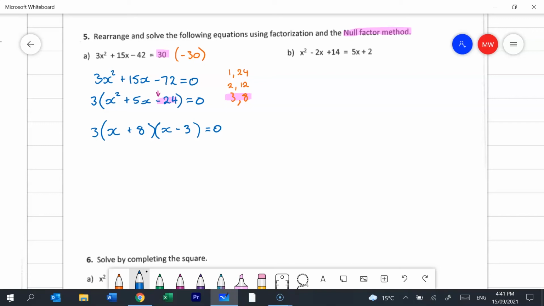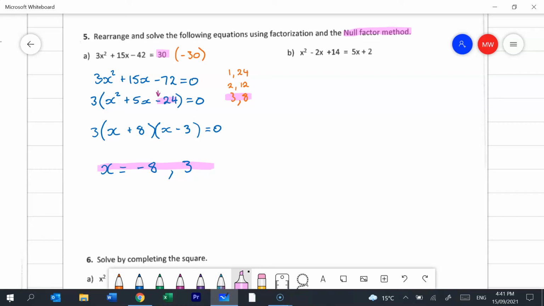Nice and easy. That means that x will be minus 8, and it'll also be 3. And that little 3 out the front has no bearing on that, just ignore it. You just solve away like that, because it'll be 3 times nothing anyway once we make one of those factors nothing. Alright, let's do the next one.